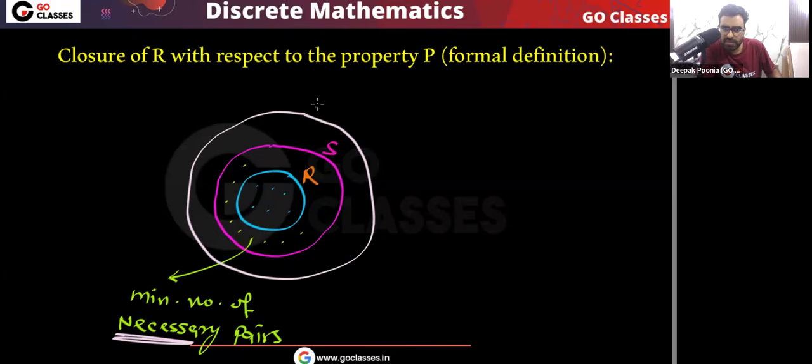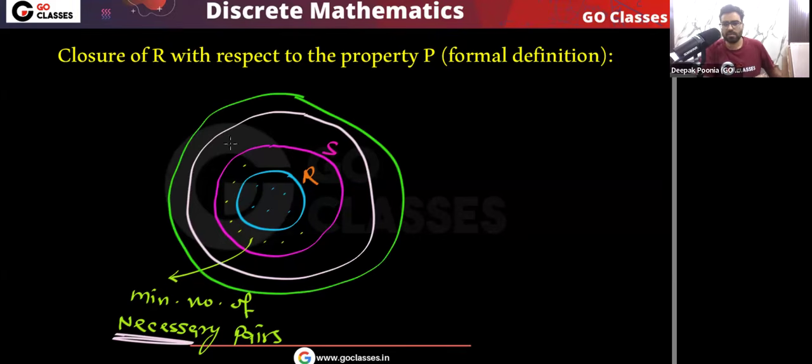And so any superset of R which satisfies property P will be a superset of S, because in this S we are adding the minimum number of necessary pairs. I hope you got this point.